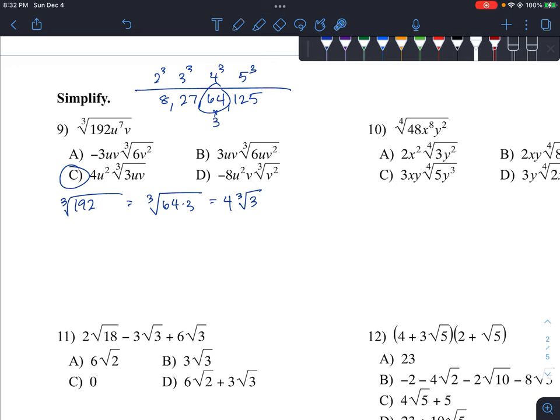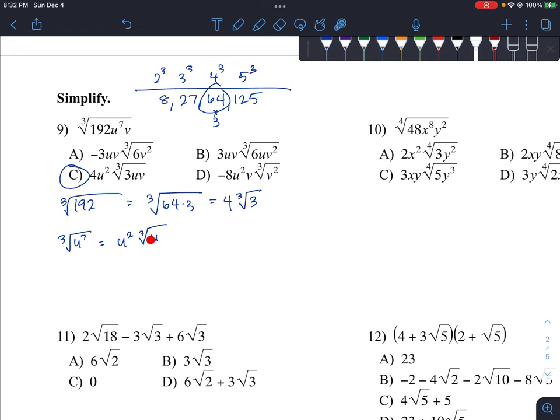So I have u to the 7th and third root. So the third root of u to the 7th. Now I know that 3 goes into 7 twice with 1 left over. So that's going to be u squared because it goes in twice. And then I'll have the third root of u, and that's the 1 left over.